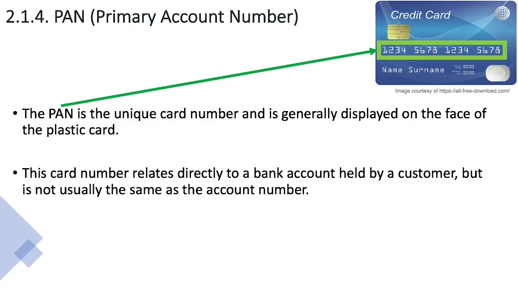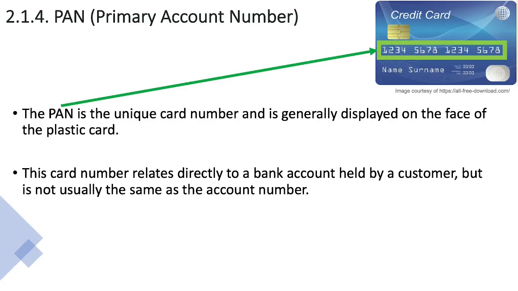A card number or primary account number or PAN relates directly to an account held by a customer at a bank or a financial institution. It's usually not the same number.